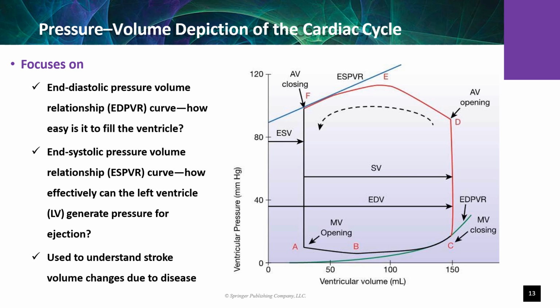The ventricular pressure then precipitously falls from point F to point A. This is due to the aortic valve and the mitral valve being both closed. The left ventricular volume cannot change until the pressure drops below that of the left atrium, with the reopening of the mitral valve again in point A.